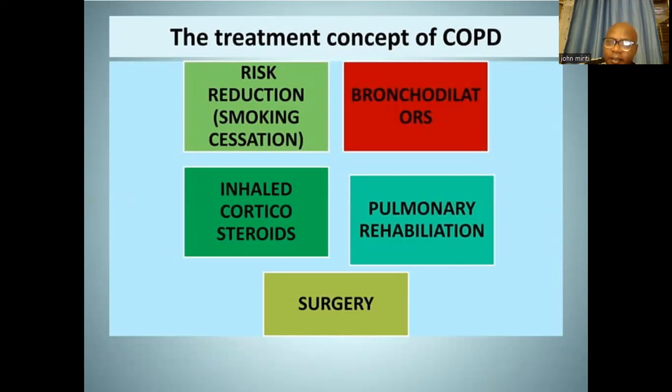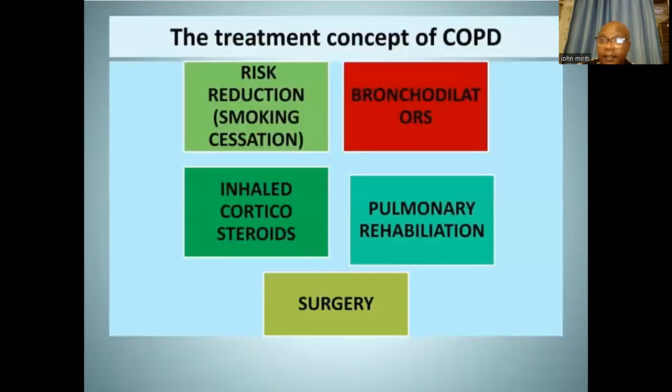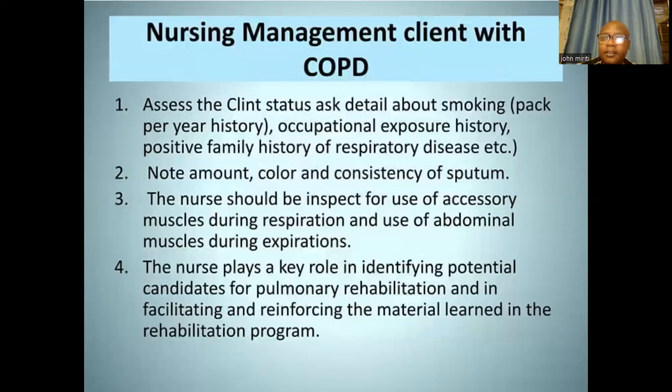So the treatment concept of chronic obstructive pulmonary disease is that you reduce the factors causing this problem, like reducing smoking and keeping away from stimulants like perfumes. You use bronchodilators, then either steroids and pulmonary rehabilitation, and finally surgery as the last option. Just remember that you never do surgery unnecessarily.